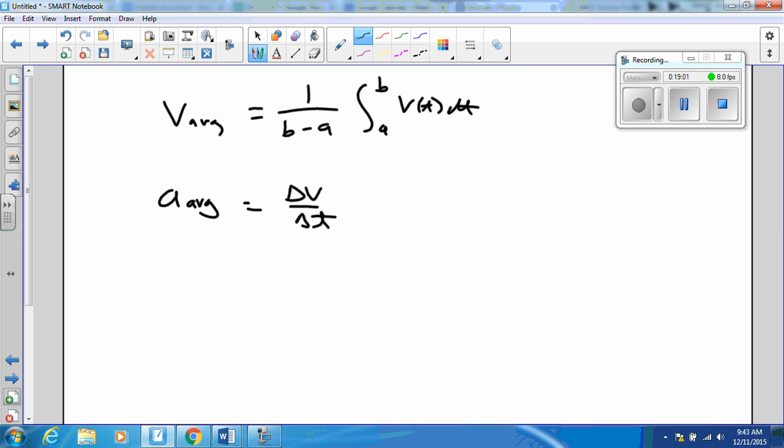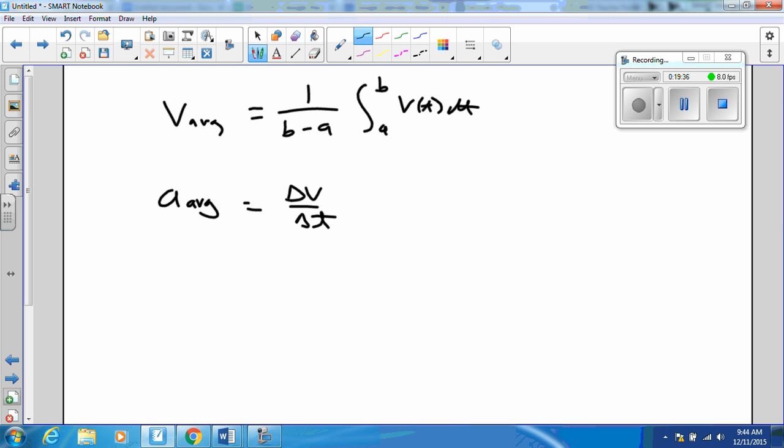Because I am given velocity, I would average that velocity by adding up velocities and dividing. Because I am given velocity, I would find the average rate of change of the velocity with a delta v over delta t. And so the question that you always have to look at when you see the word average is, are we looking for an average rate of change or an average value? And we will evaluate those two differently. Does that make sense? Okay, good.